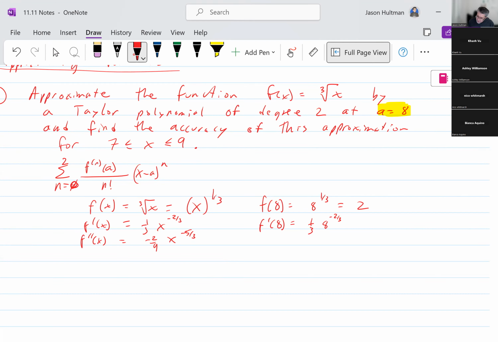If I break it up like this, 1/3 times 8 to the 1/3 to the negative 2, then I know that 8 to the 1/3 power is just 2, because the cube root of 8 is 2. So this becomes 1/3 times 2 to the negative 2nd power, which is 1 over 2 squared, which is 1 over 4 times 3, which is 1 over 12.